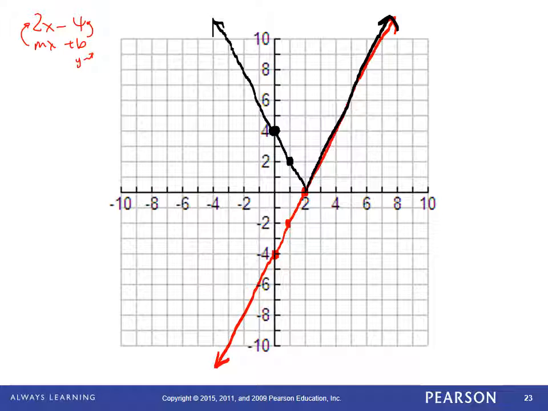All right, good there. That should be a somewhat easy one here just because it's a linear function.